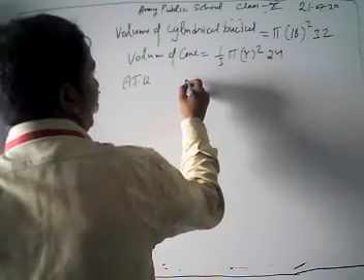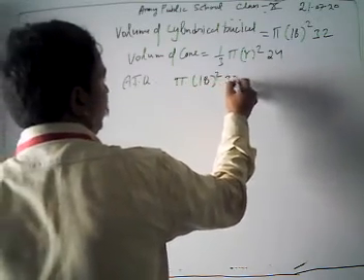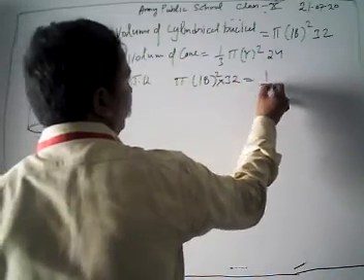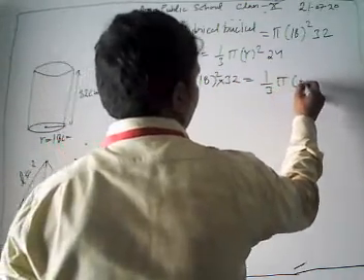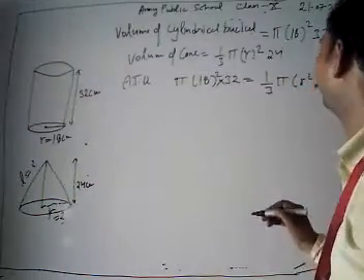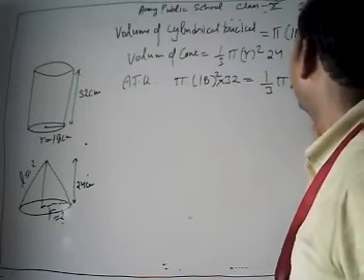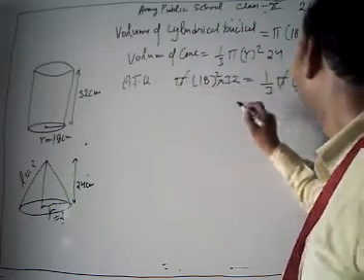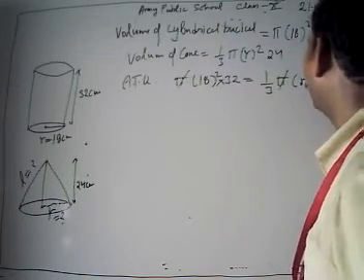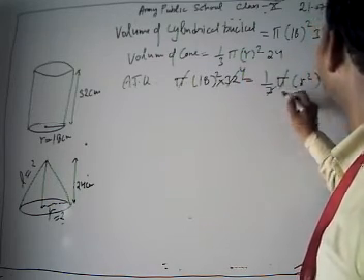According to the question, we have pi into 18 whole square into 32 is equal to 1 by 3 pi r square into 24. First cancel pi with pi. 8 times 3 is 24, and 8 times 4 is 32, then the 3 and 3 cancel out.